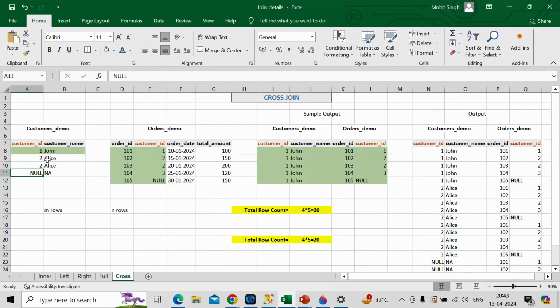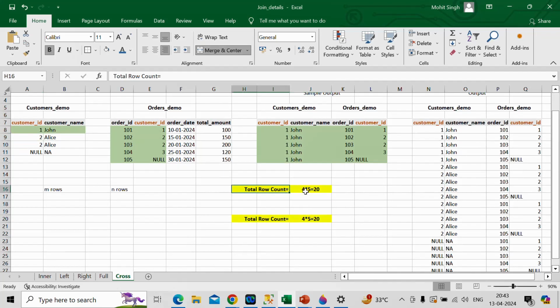And cross join happens row by row. Okay, it doesn't need any column on which it has to join. So it will just map this first row with all the rows of second table, second row with all the rows of second table. Okay, so total row count we have mentioned here is 4 into 5, 4 from this table, 5 from this table. So it will become 20.